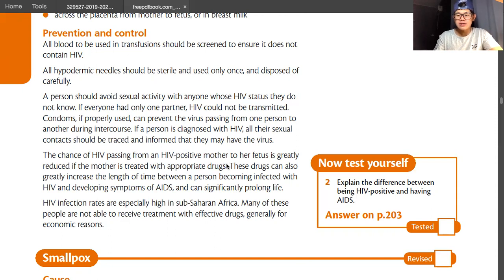You can use certain types of drugs to make it much more comfortable for them to live. There are also certain drugs where, even though they are positive, it's not possible for them to transmit the HIV because it has been suppressed. The drug is suppressing the HIV, so that it cannot be transmitted anymore. So we have those types of drugs.